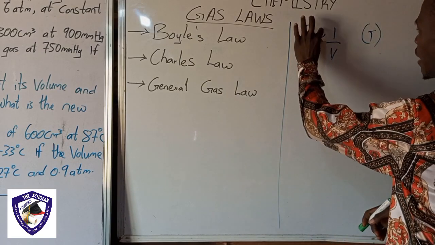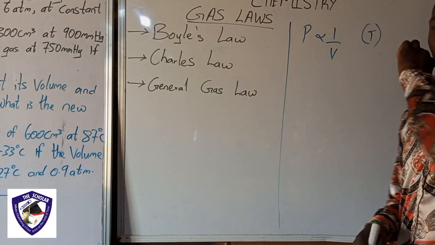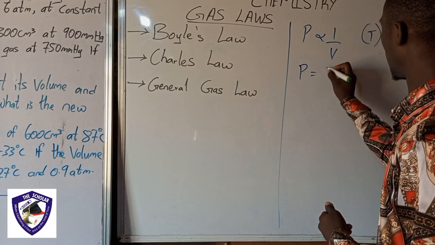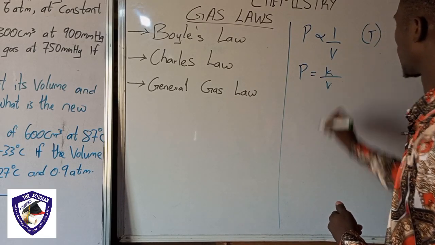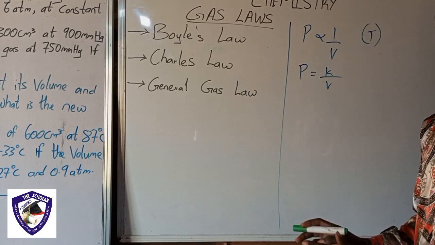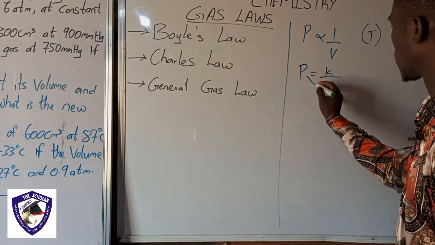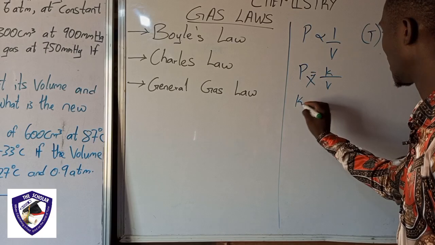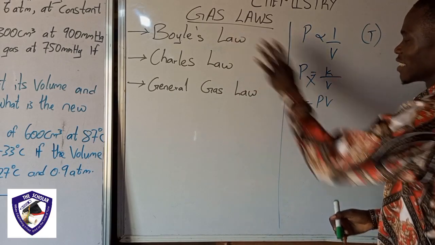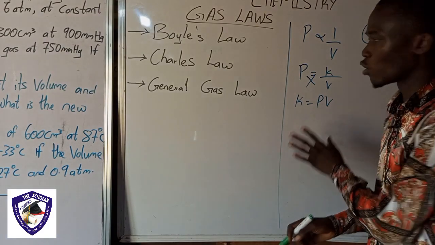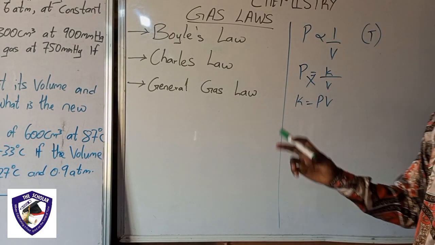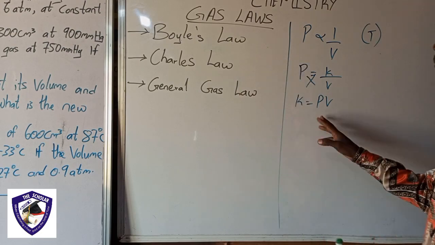So we want to remove this inversely sign and introduce our constant. P equals K over V. At this point, our K is acting as our constant. So let's make K the subject of formula. Our K is equal to PV. This is the mathematical representation of Boyle's law.